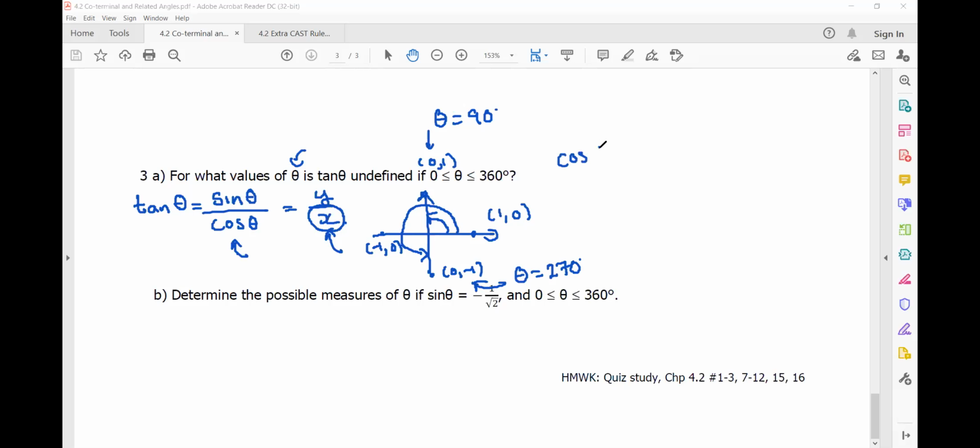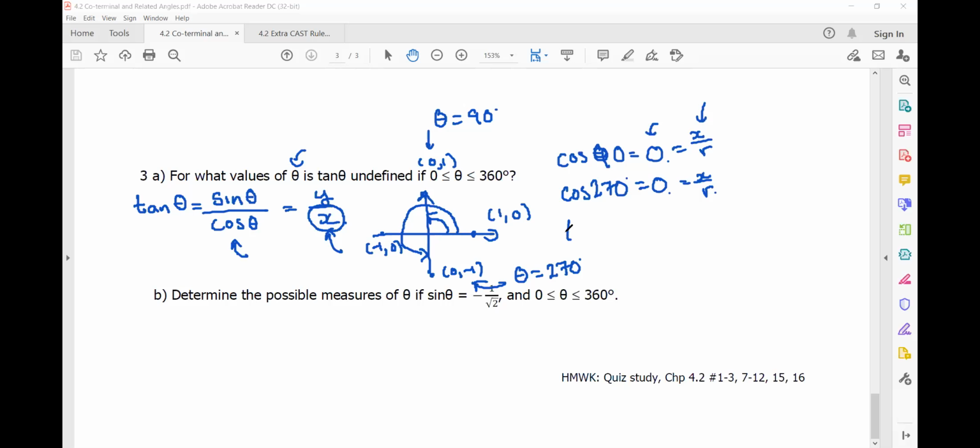Try cosine of 90 degrees. You'll get a 0. And if you do cosine of 270, you will also get a 0. That makes sense for a variety of reasons. Cosine is equal to x over r. If the x value is 0, the fraction is equal to 0, so the answer is 0.